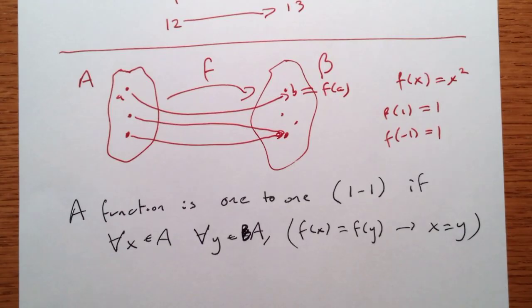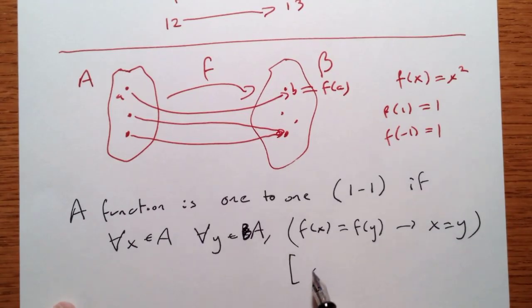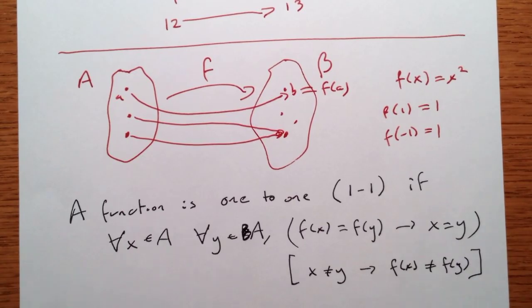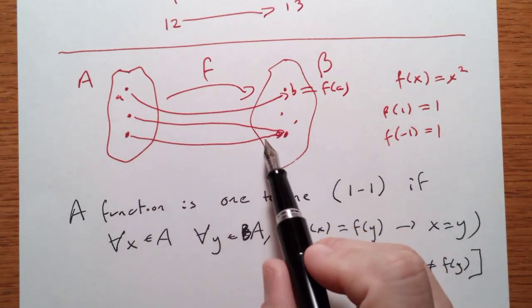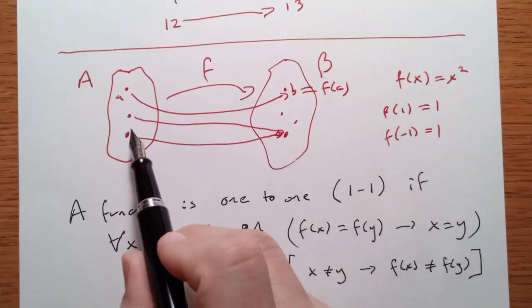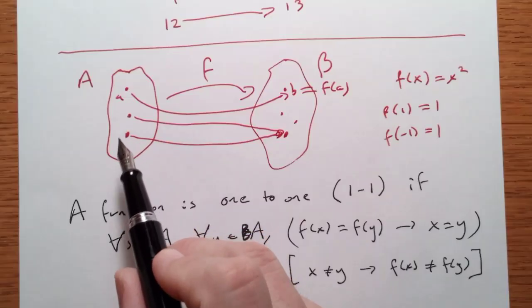What's the contrapositive of this? If x is different than y, then f of x is different than f of y. So only one thing can go to one thing. Aha, one-to-one. Each thing over here only goes one place over here, and each thing over here only came from one thing over here.